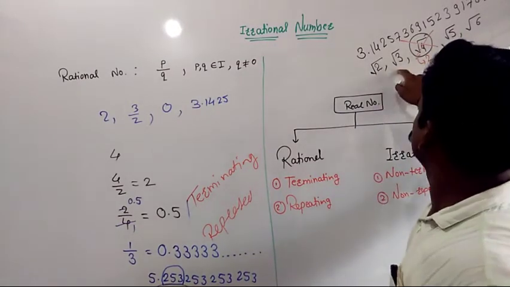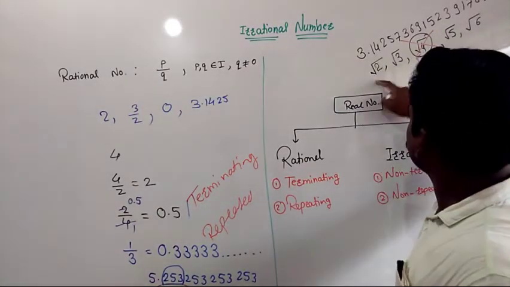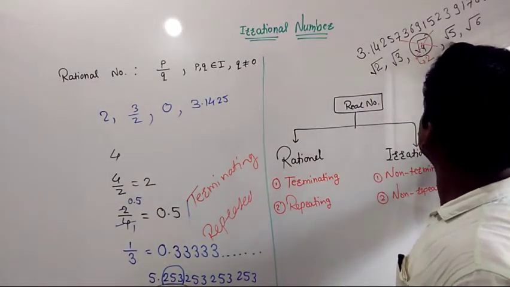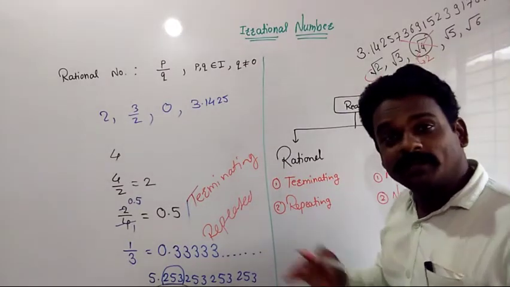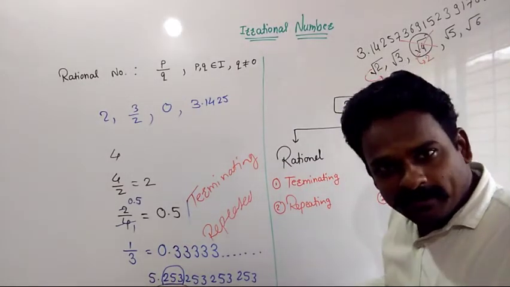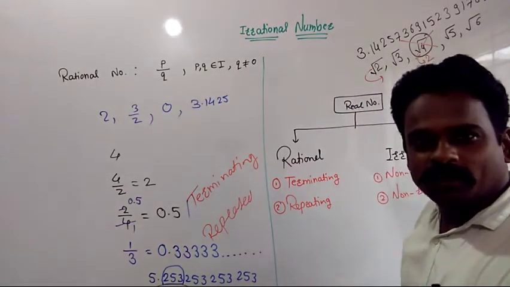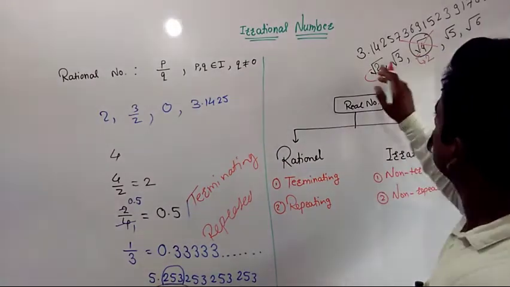So root 2, root 3, root 5, root 6 are irrational numbers. If you find their square roots, they will not terminate and will not have a repeating group of numbers or repeating digits.